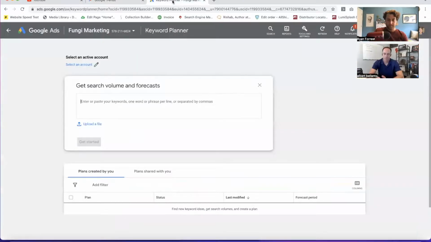And then on the Google Ads side, but also the SEO side, we use the Keyword Planner to get forecasts, competition levels, costs, estimated clicks, all sorts of things. And there's a couple different methods you can use with the Keyword Planner.